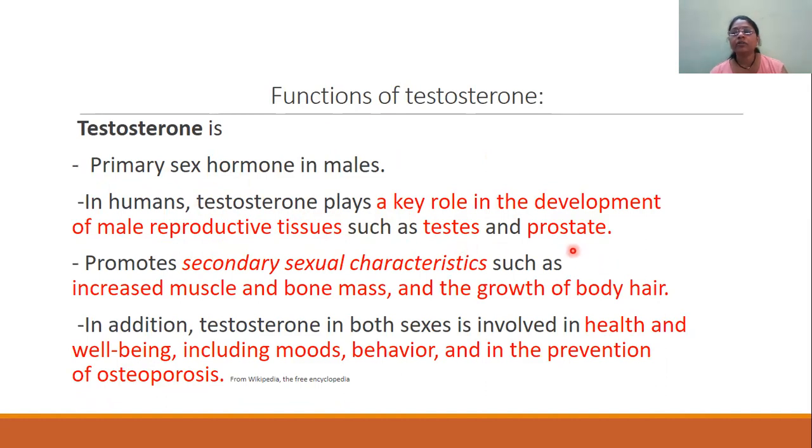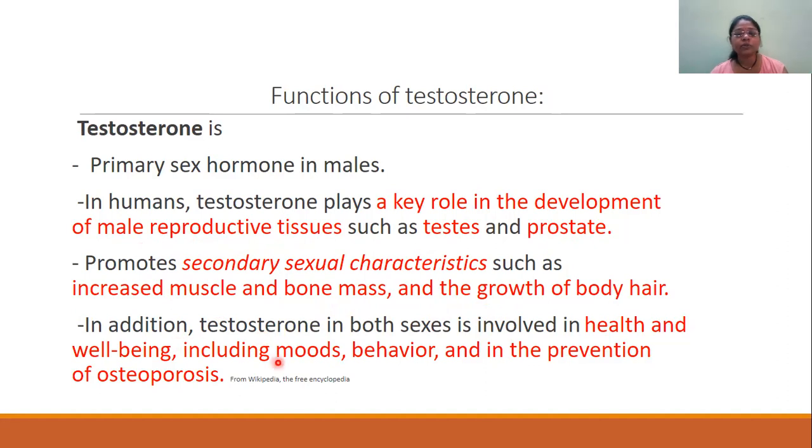So when the fetus is a male fetus and testosterone is secreted in its body, it is responsible for the development of the male reproductive tissues, mainly the testes and prostate. Then it promotes the development of secondary sexual characteristics such as increased muscle and bone mass and the growth of body hair.